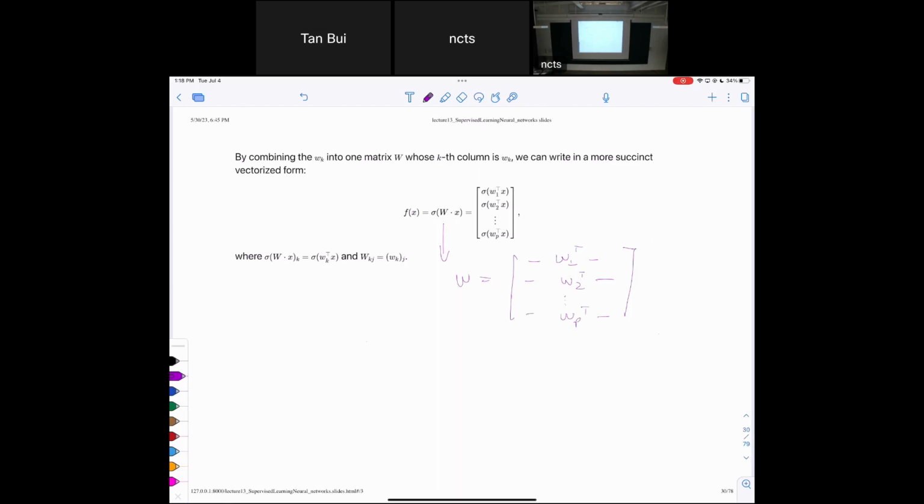So that's our W matrix. The weight matrix is a collection of the weights for each neuron for that layer. We are in the first hidden layer now. So you can write it very nicely as sigma of W times X. But what I mean is this: remember that sigma acts component-wise. That's the key, component-wise again.